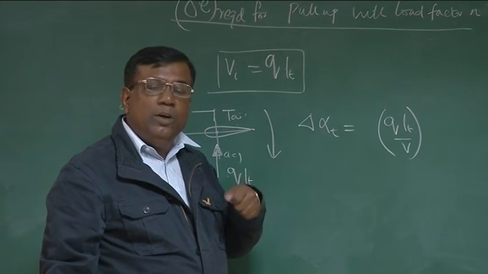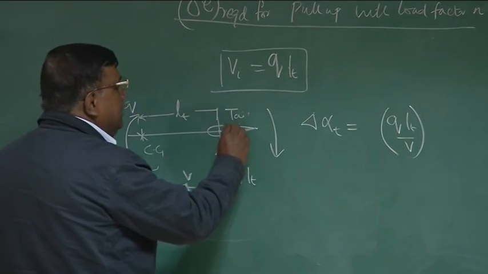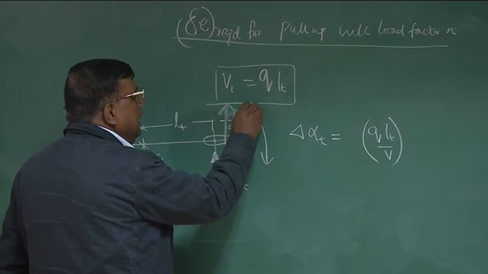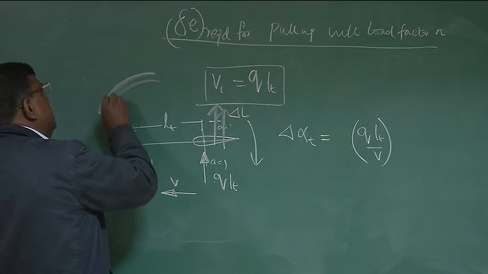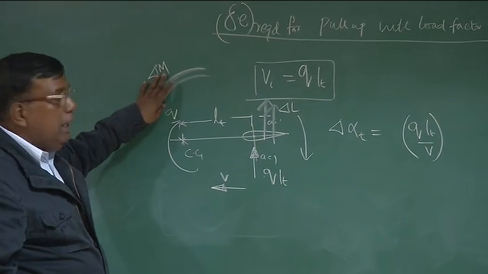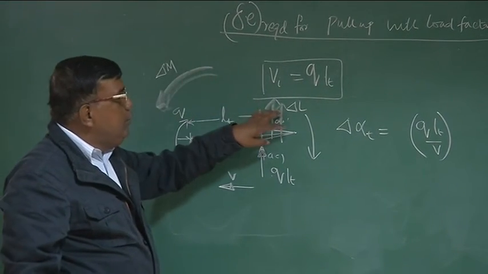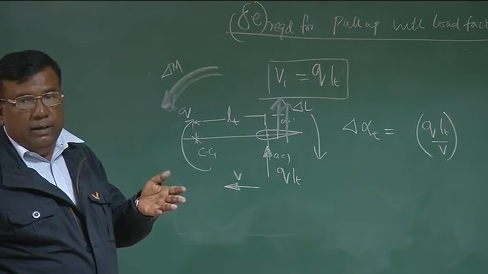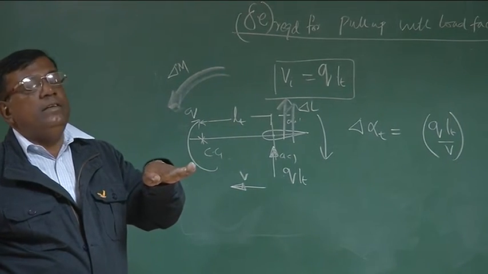So I have to give more delta E. That is, this delta alpha T will give some delta L, and that will give some delta M. So if I want to trim at that Q, I must ensure that this additional delta M is corrected by elevator deflection, over and above whatever delta E was there for cruise.